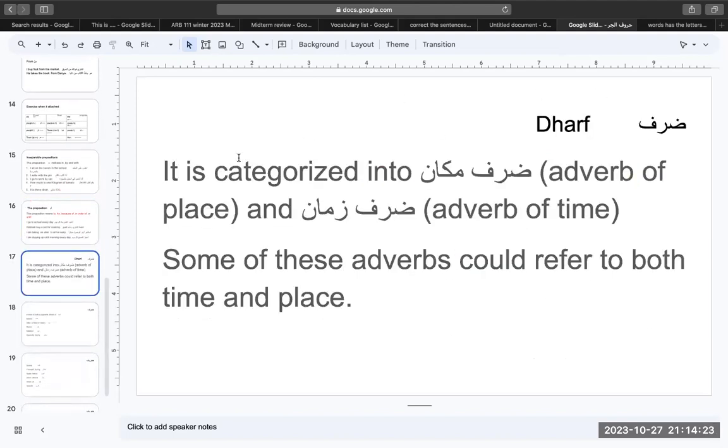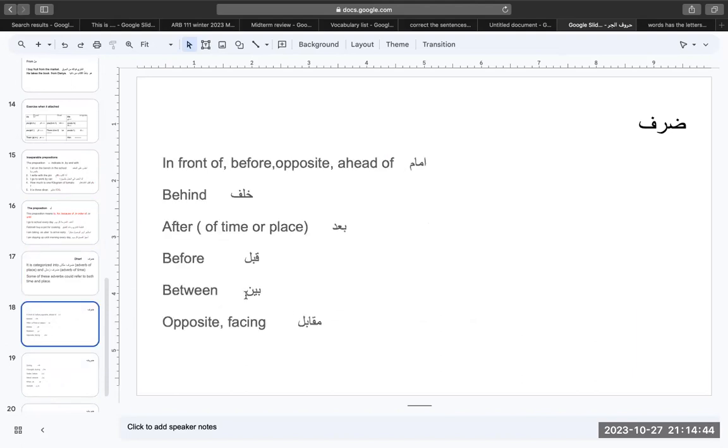ظرف. Here, about ظرف, it is categorized into ظرف مكان, adverb of place, and ظرف زمان, adverb of time. Some of these adverbs could refer to both time and place, and you will see some of them.